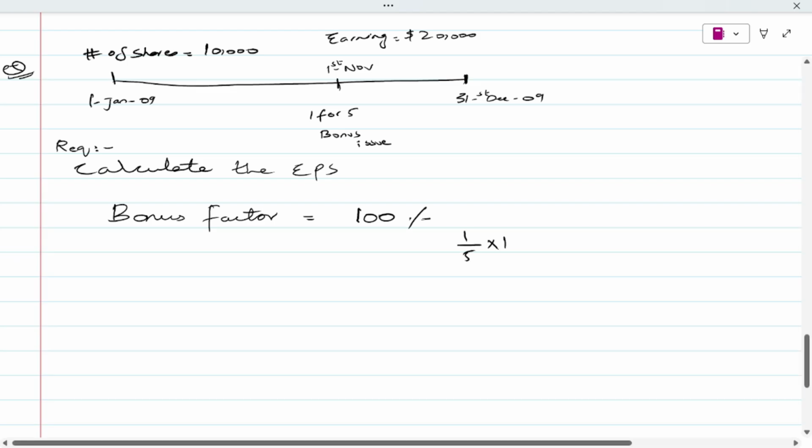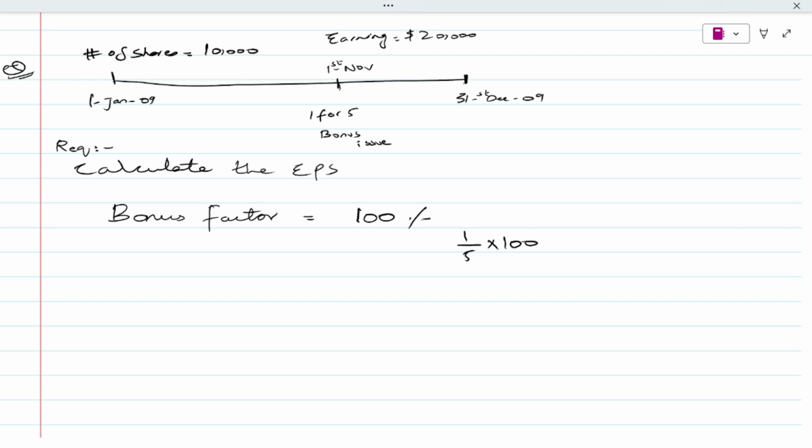So 1 over 5 into 100, that's going to be 20%. So 1 for 5 represents 20%. So I can say that before our shares were 100%, then we made a 1 for 5 bonus issue. So now they are 20% more. So in total, now our shares represent a percentage of 120%. Okay. They represent how much? 120%. All right.